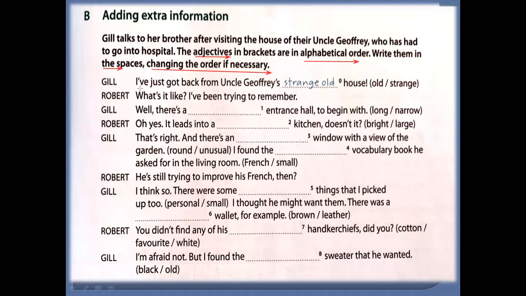For example, I have just got back from Uncle Geoffrey's strange old house. It's talking about the order of the adjectives. What is it like? I've been trying to remember. Well, there is an entrance hall to begin with. You're going to write long and narrow. So, guys, you tell me. I'm going to type over here.